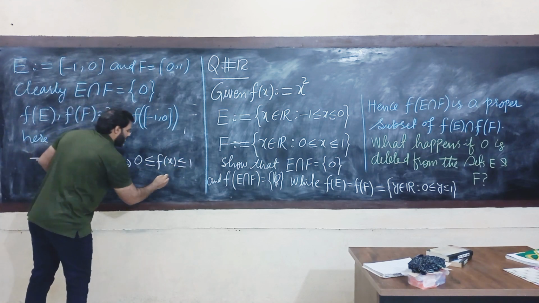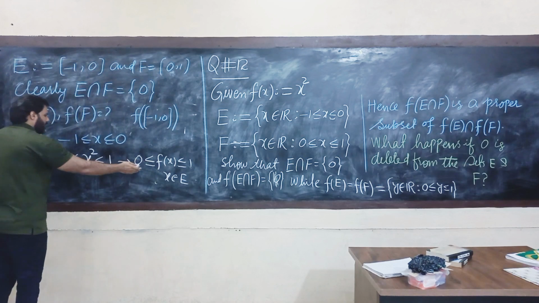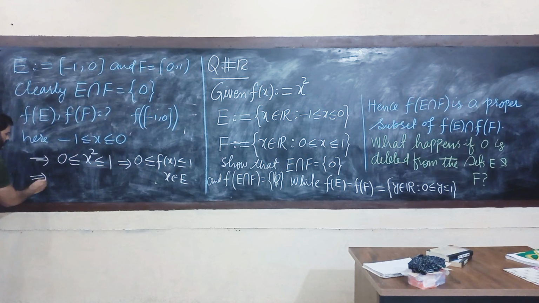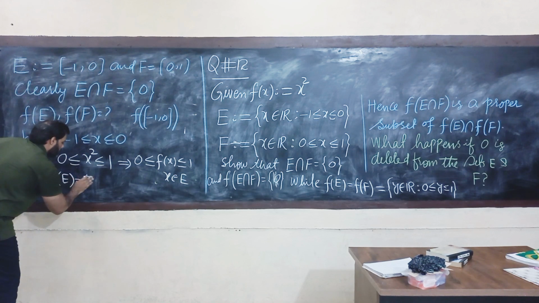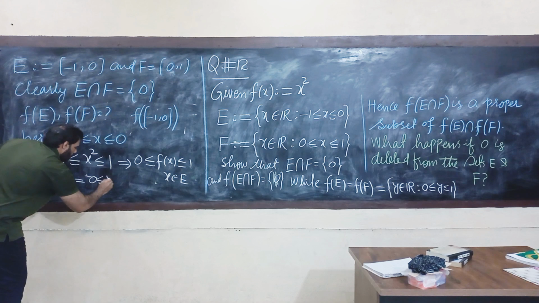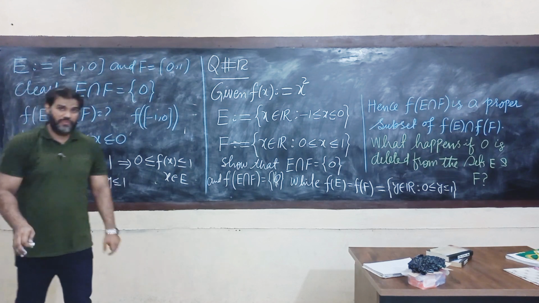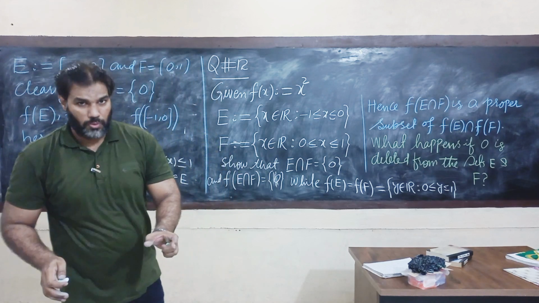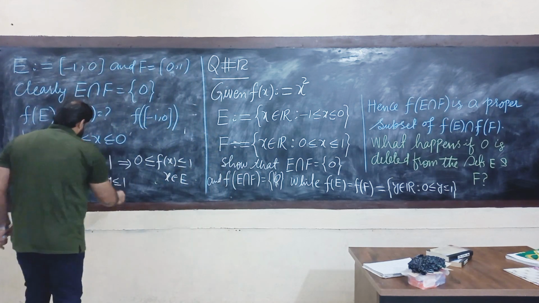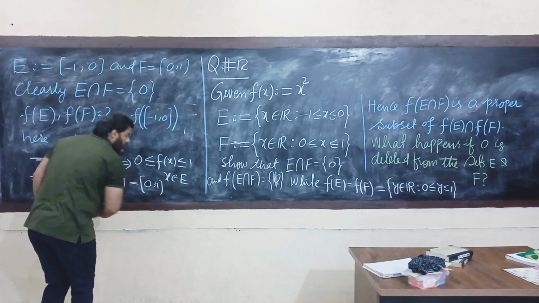And because these x belong to E, this shows the direct image of E under f, that is f of E, is equal to the closed interval 0 less than or equal to y less than or equal to 1. Because these are the output values, that's why we will take here the variable y for the range. This is equal to 0 to 1, which is required.